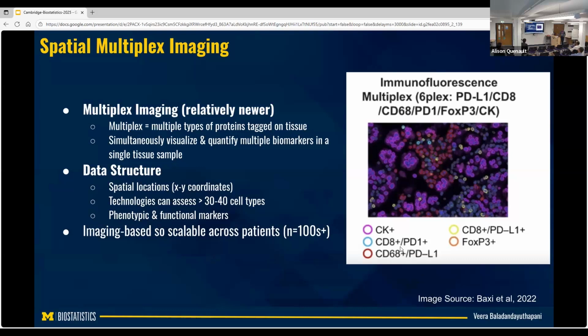So these are different types of cells. So the multiplex is basically multiple types of proteins. So you can simultaneously get multiple types of cells. Now technologies can go up to 30, 40 cell types. So these are proteins per cell, and the different kinds of markers here. And again, it's imaging based, so it's very scalable.